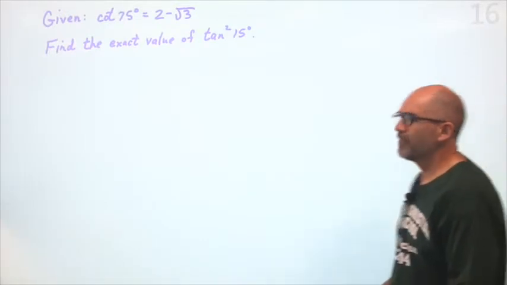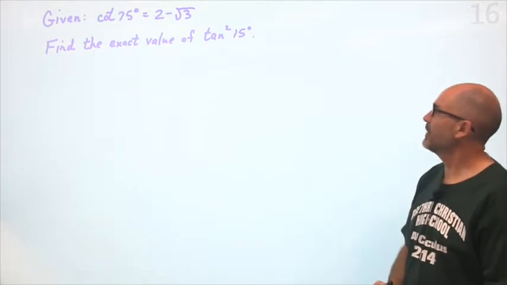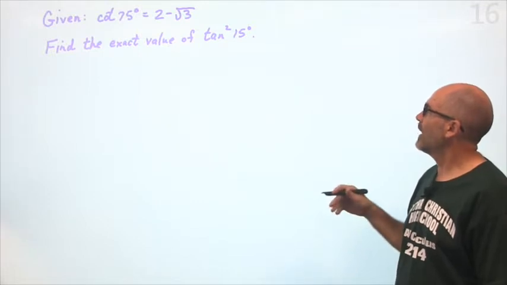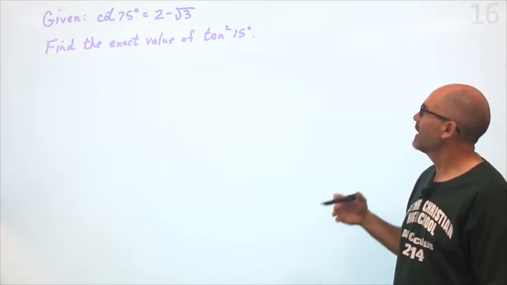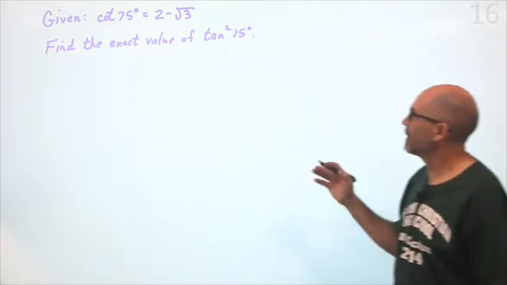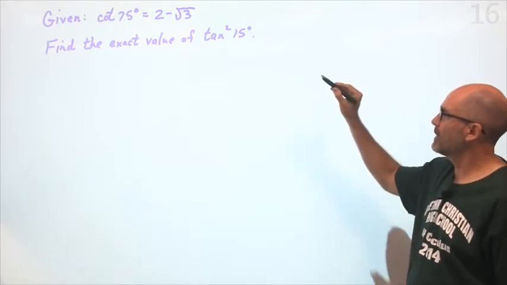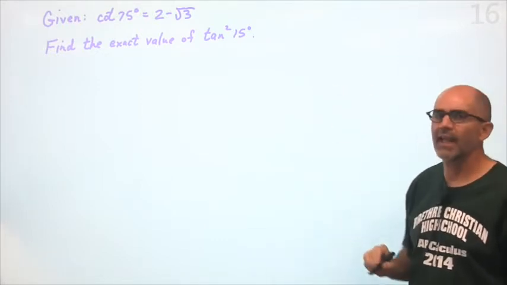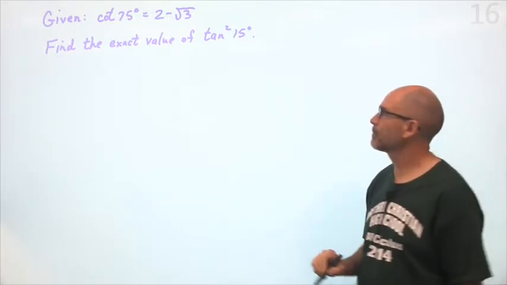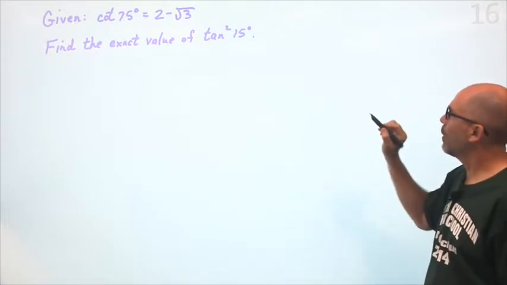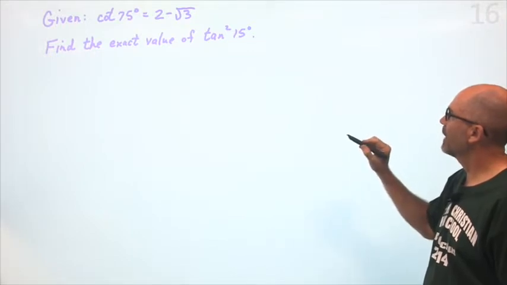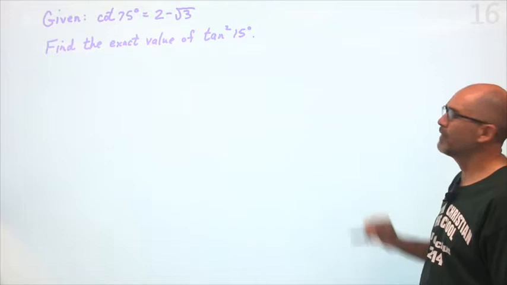Now, given that the cotangent of 75 degrees is 2 minus the square root of 3, we want to find the exact value of tangent squared 15 degrees. Now, here's the thing. We're given that cotangent 75 is 2 minus square root of 3. In a little while, we'll be able to calculate that on our own. But what we know here is cotangent of 75 equals tangent of 15.